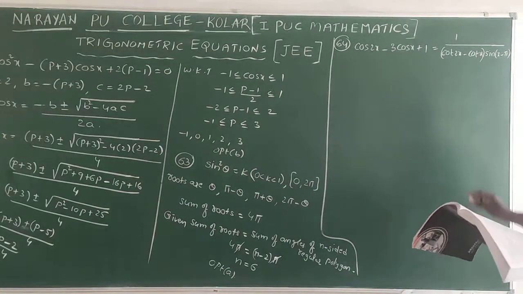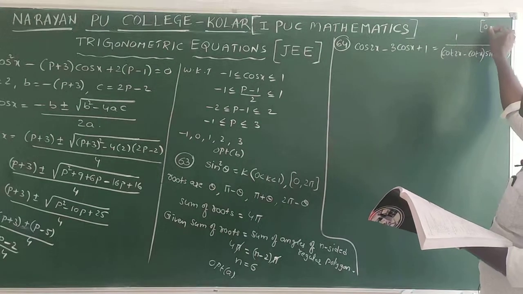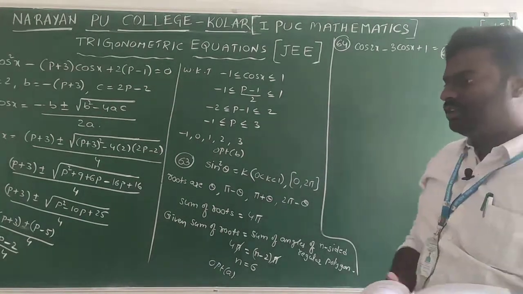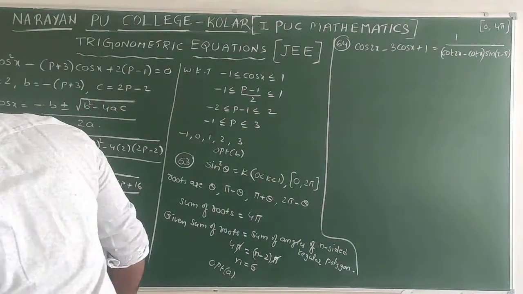In this question, they gave the angles as 0 to 4 pi. So how many solutions exist for this?